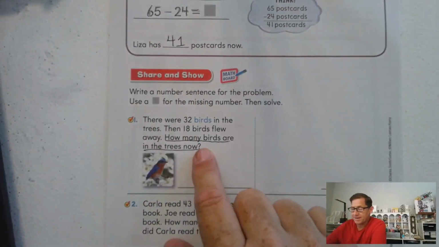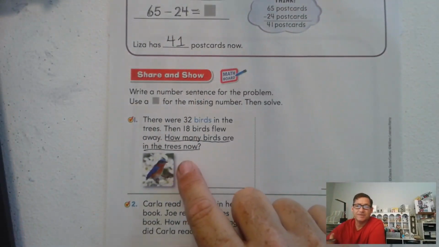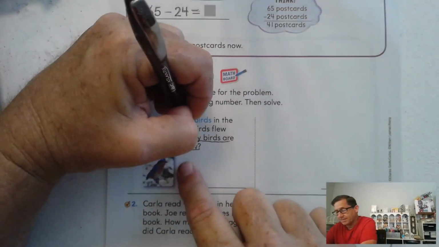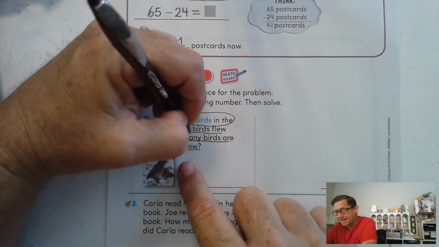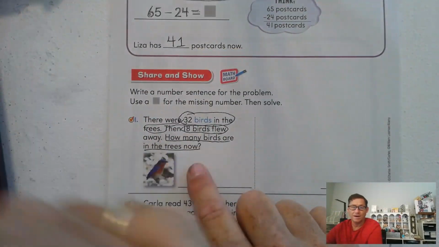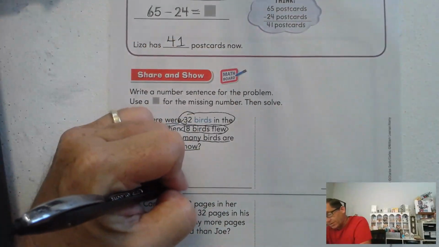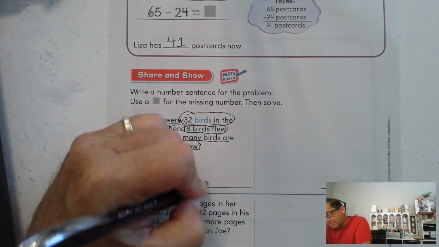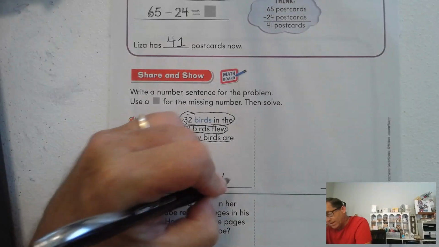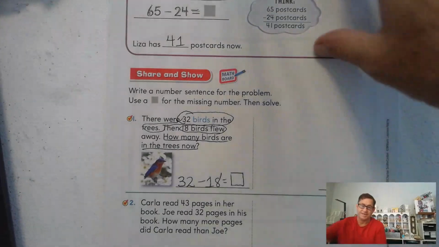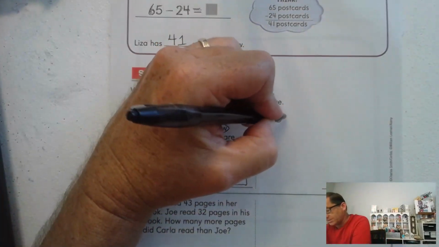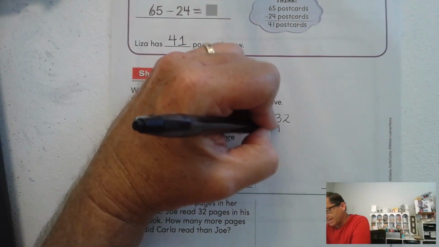So we have to figure out how many birds are still in the tree. There were 32 in the tree. 18 birds flew away. So 32 minus the 18 that flew away will tell me how many are left in the tree. So 32 minus 18.